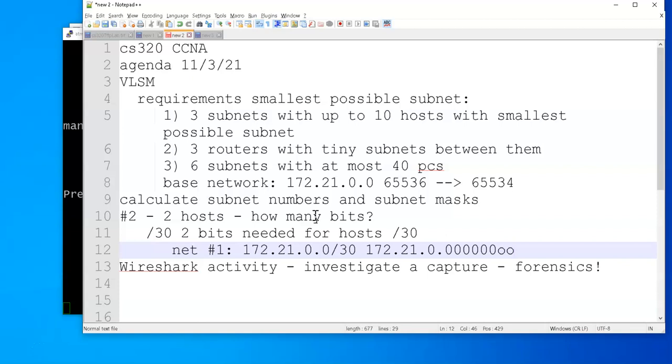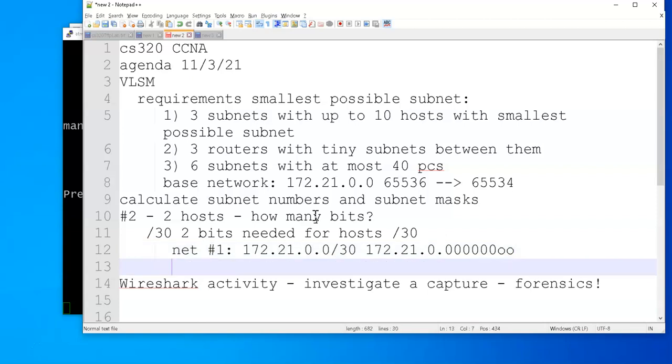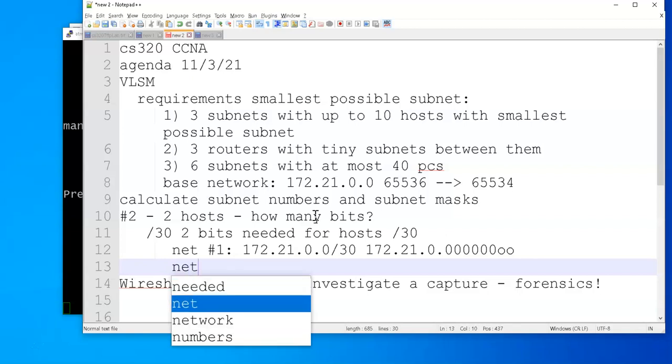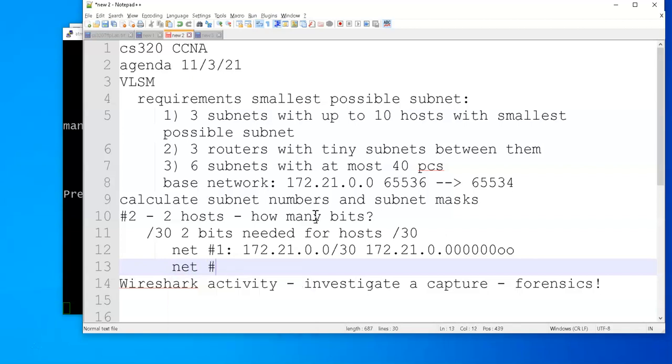All right, Mr. Stephen, what would the next subnet be for my routers? 2 hosts on the network. What would the next network number be? 172.21. 0.1?